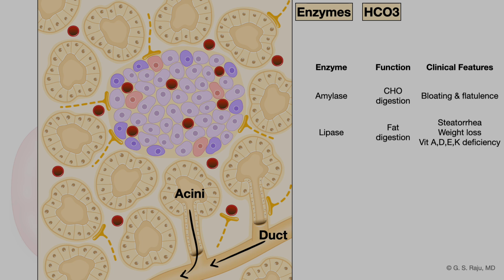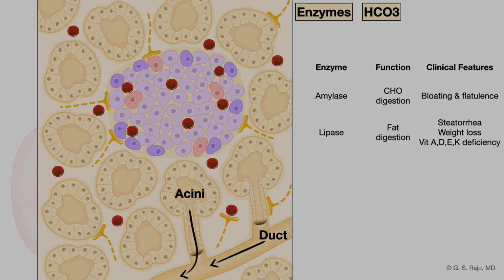Patients typically describe that they've been having stools that are foul smelling and sticky to the toilet, and they need to flush again and again to get rid of the stool that was sticking to the toilet. If the steatorrhea was severe, the patient may say, I'm seeing oil lakes in the stool.